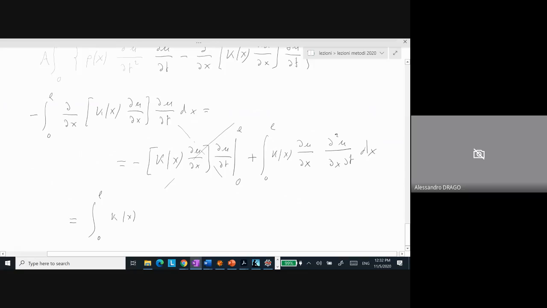And if you think a moment, this can be written as 1/2 the derivative respect to time of du over dx squared integrated dx.